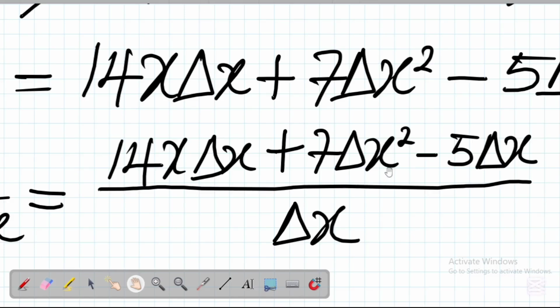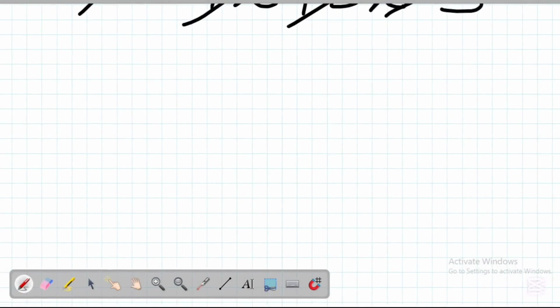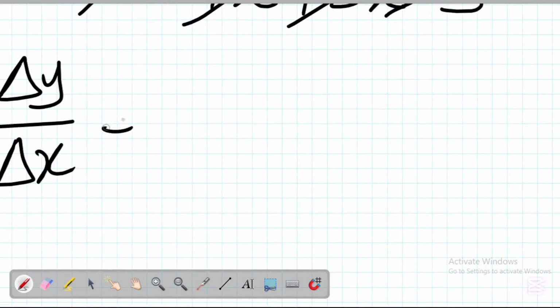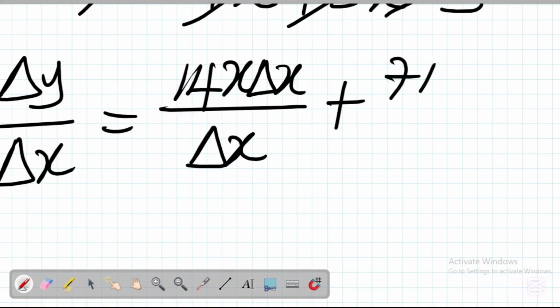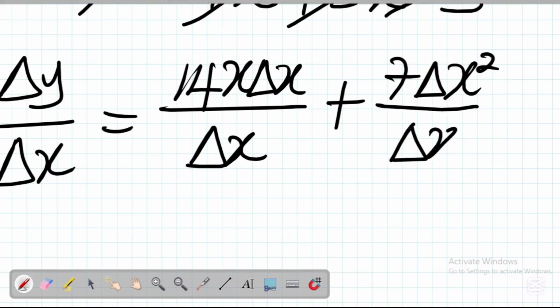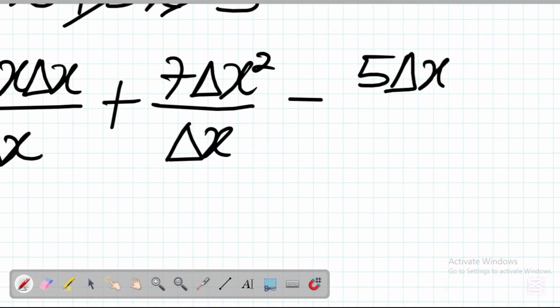This can also be written as change in y all over change in x equals 14x change in x all over change in x plus 7 change in x squared all over change in x minus 5 change in x all over change in x.